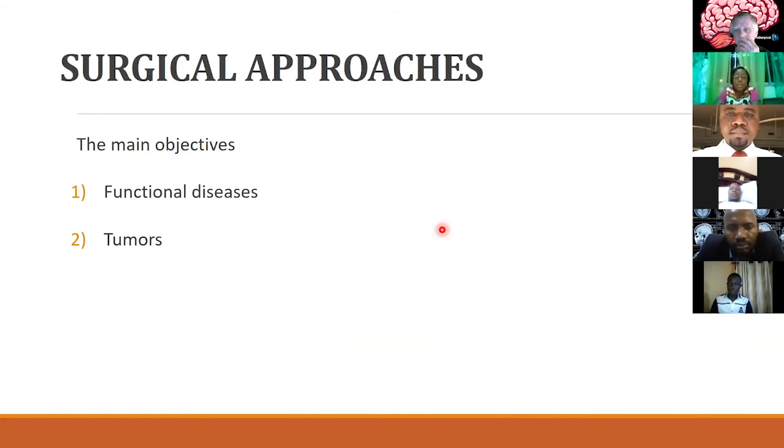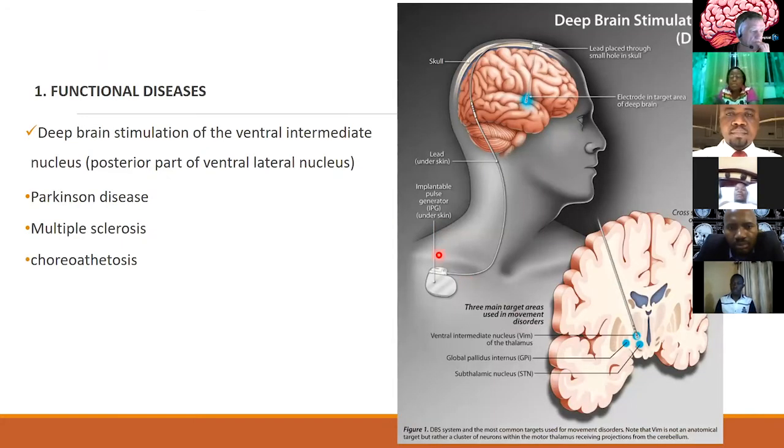Now, we shall talk about the surgical approaches. The main objectives of the surgical approaches of the thalamus are functional diseases and tumors. As for functional diseases, deep brain stimulation of the ventral intermediate nucleus is used to regulate dyskinesia, tremors, rest tremors and rigidity.